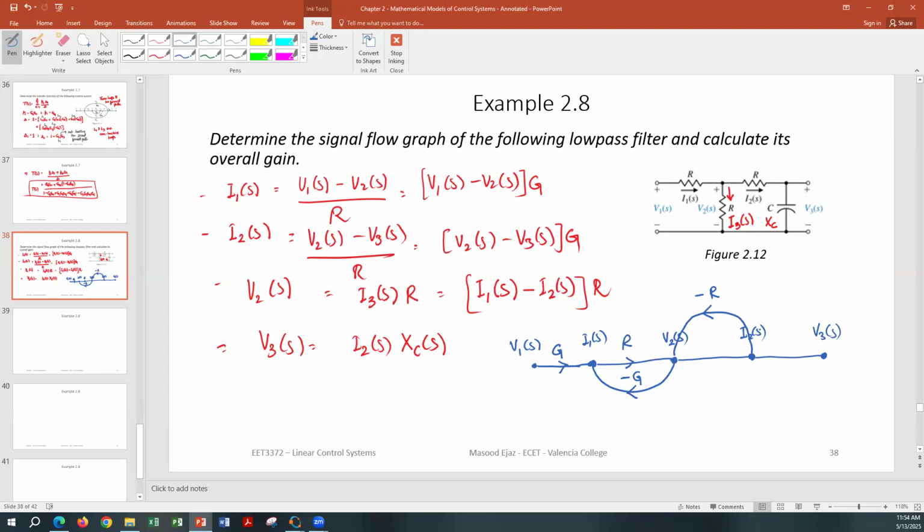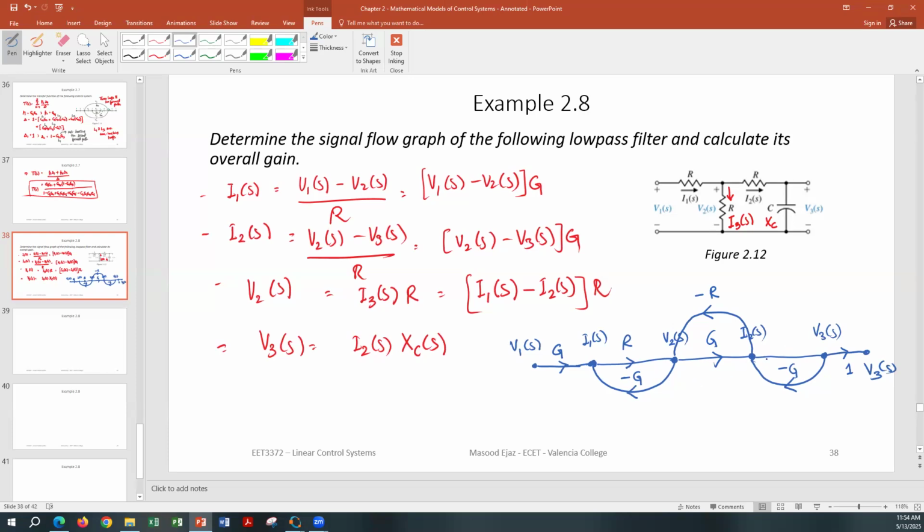My I2 is V2 times G minus V3 times G. So V2 is this, V2 times G minus V3 times G. So I'm going to create another feedback here, and the gain of this is going to be negative G. I can extend this a little bit and show V3S and then just give a gain of 1 here.